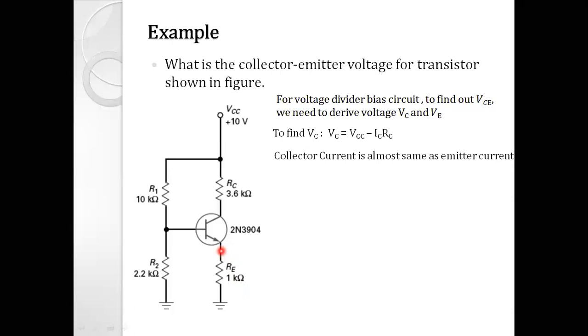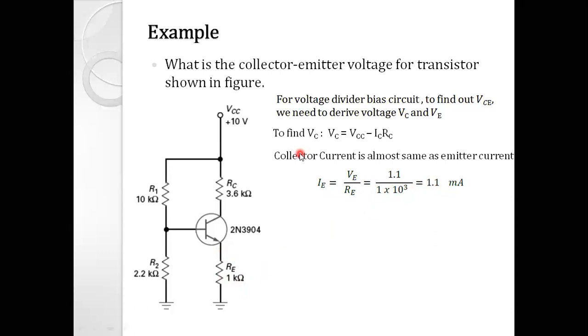So VE is equal to IE RE, and from that we can make IE the subject of the equation. So IE is equal to VE divided by RE. In the previous slide, we got VE equal to 1.1 and RE is given in the diagram as 1 kilo ohm. So we get IE is equal to 1.1 milliampere.